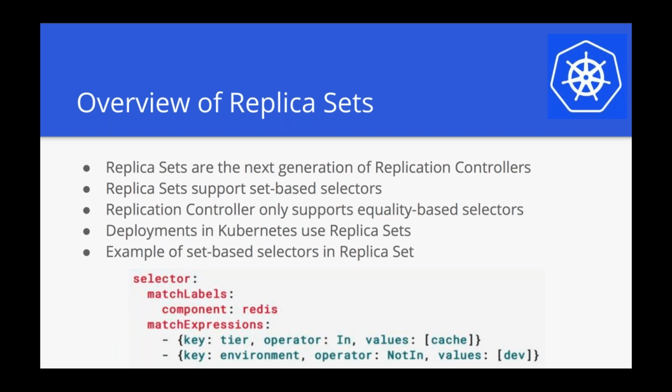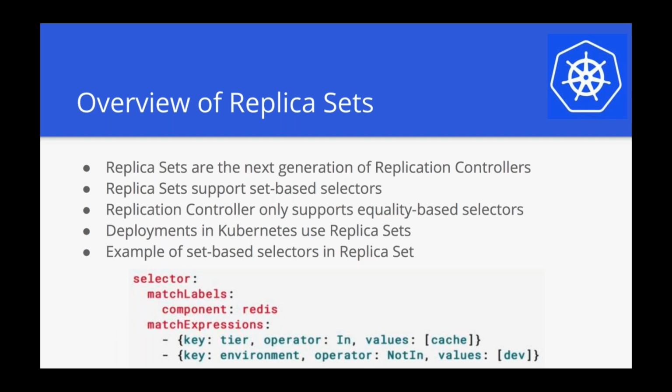You can use a variety of operators and have a very fine-grained way of selecting the pods that participate in the replica set. The Kubernetes community favors replica sets instead of replication controllers because of this feature, and eventually they will become the de facto way to scale pods. As selectors become more and more mainstream, replica sets will be the way forward for scaling pods.